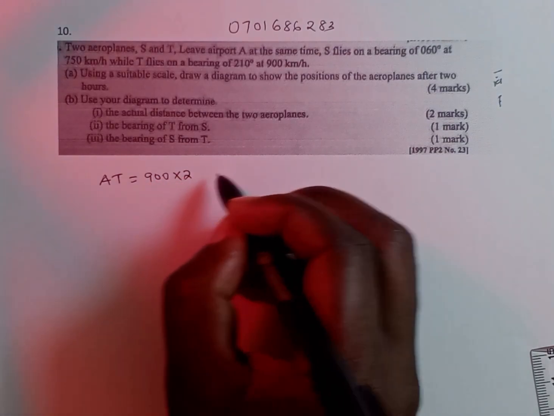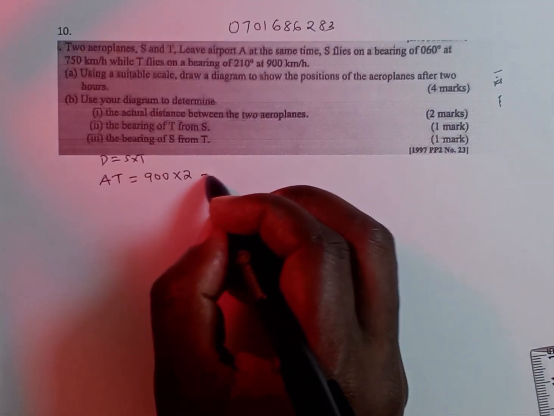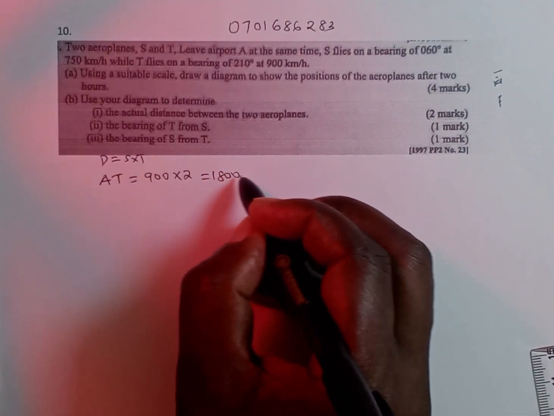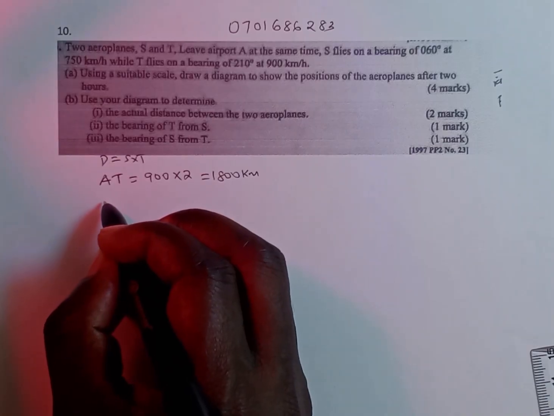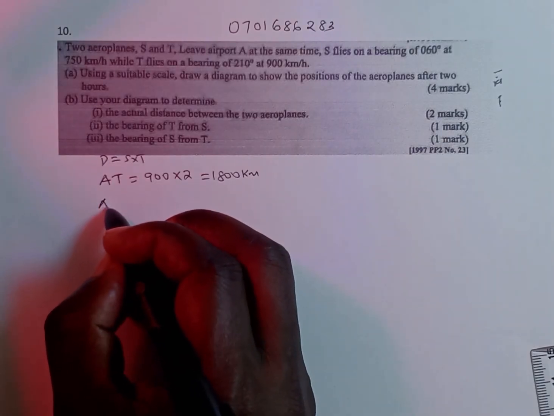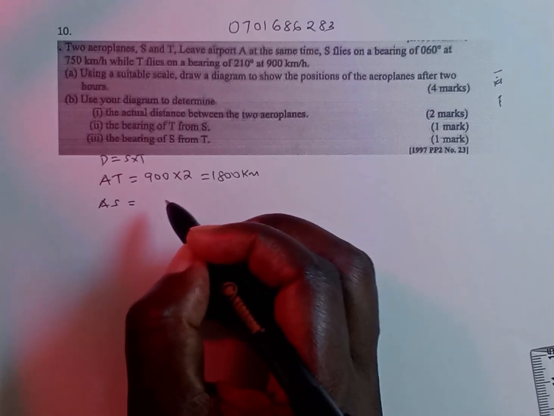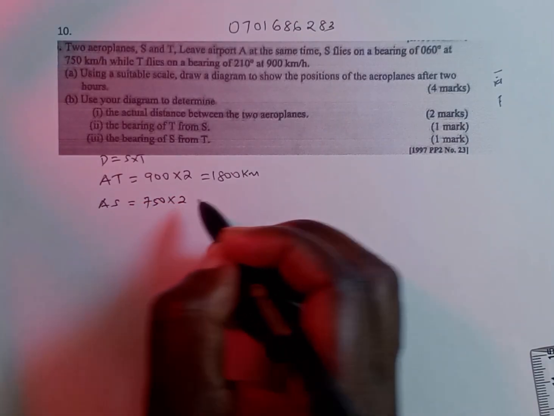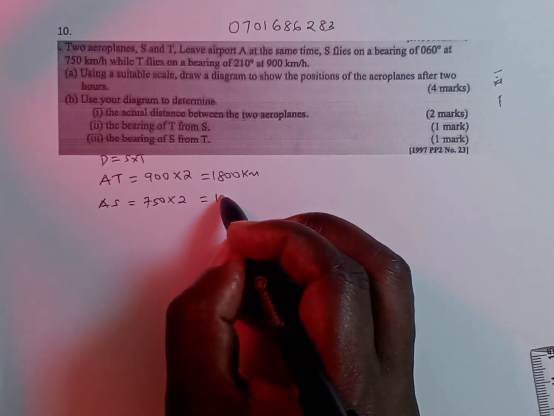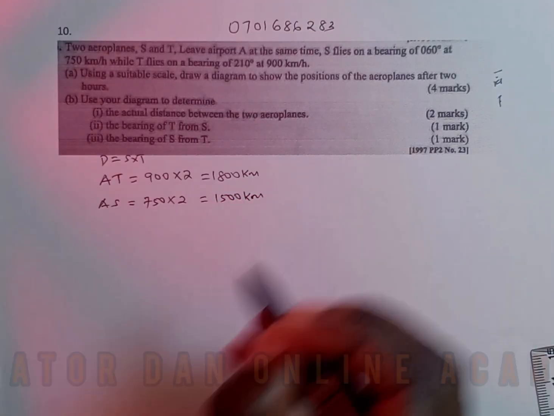You multiply by time. Remember, distance is given by speed times time, and this is going to give us 1800 kilometers. We also have S leaving A, so AS moving at 750 for 2 hours is going to cover a distance of 1500 kilometers.